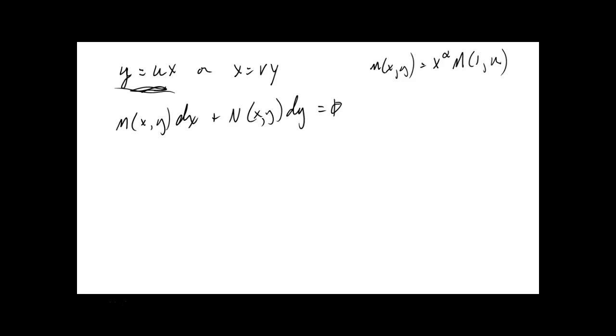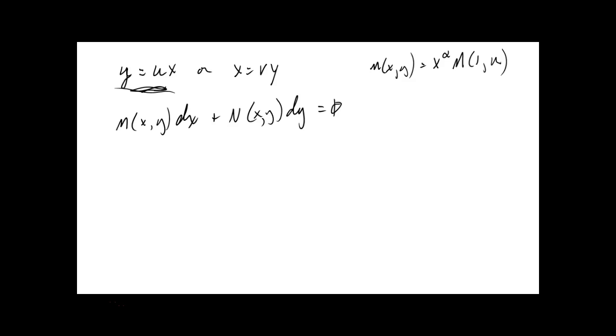If y is equal to ux, then y squared would be u squared x squared. Well, you already had x to the fourth, so in this case your alpha is going to be 6. Because we had x to the fourth y squared, and if y is equal to ux, that would be u squared x squared.